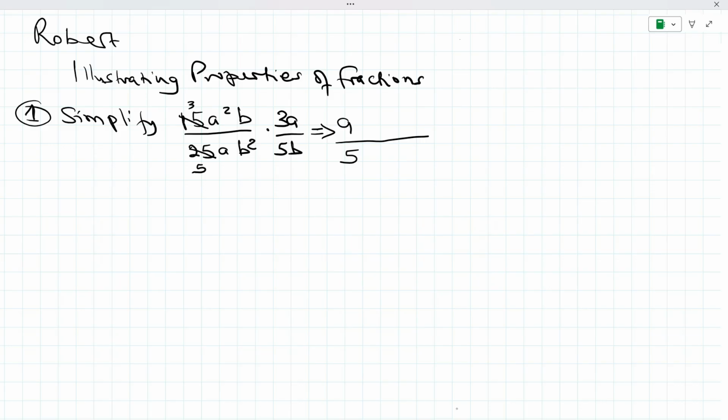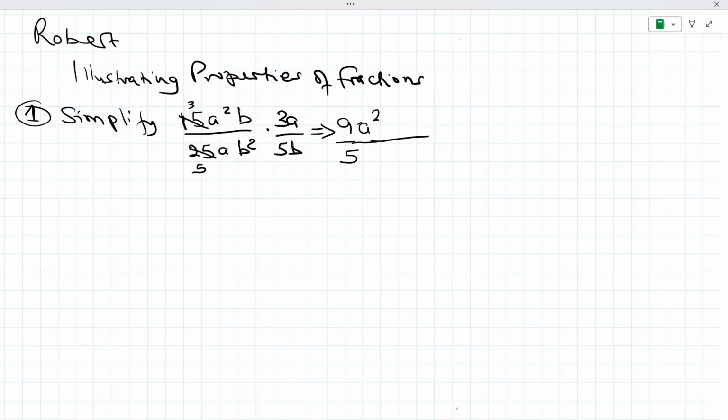And here we have a to the power 1. So that means at the top here we will remain with a to the power 2. Because this is a to the power 2 multiplied by this a will give us a to the power 3. Now when we divide it by a, we remain with a to the power 2.